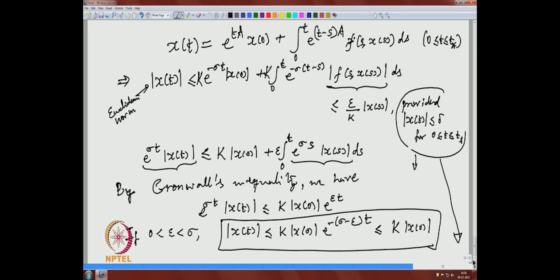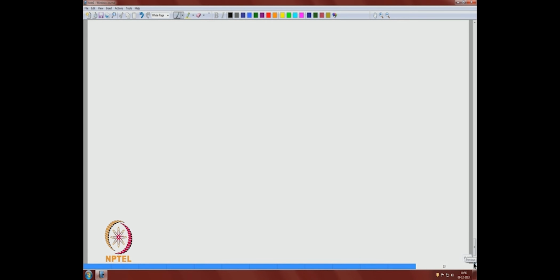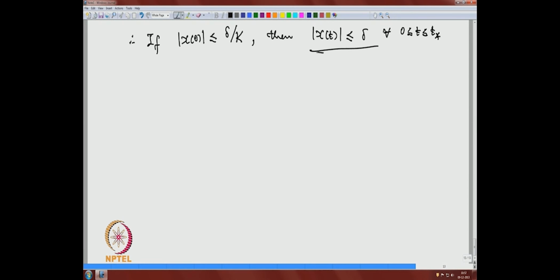So, now the hypothesis comes into the picture. Therefore, if mod x 0 is less than or equal to delta by k. Okay. So, this is the smallness assumption that is indicated in the theorem. Then, if you look at the previous inequality, for all t, the solution has remained less than or equal to delta.